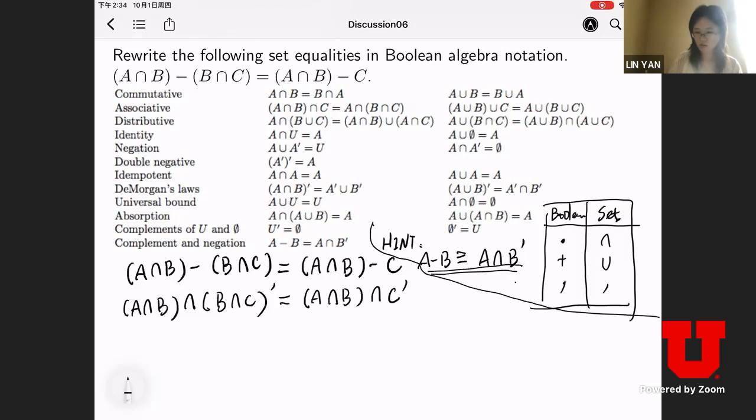Then we can write the Boolean algebra of that.